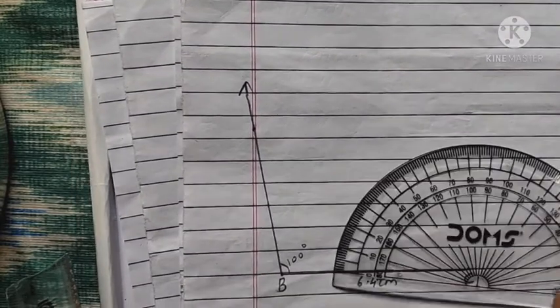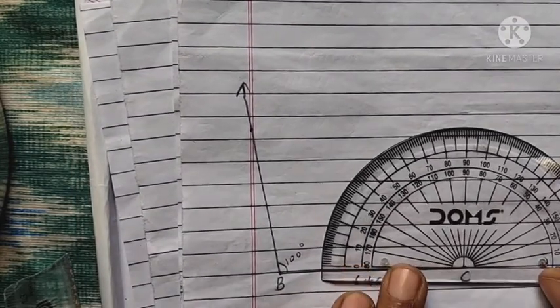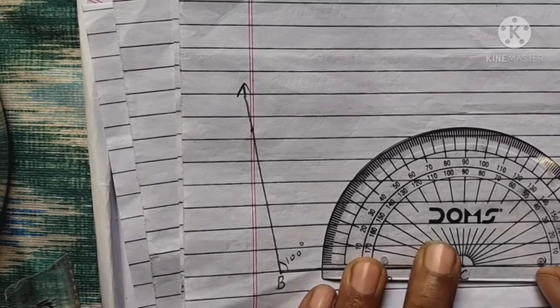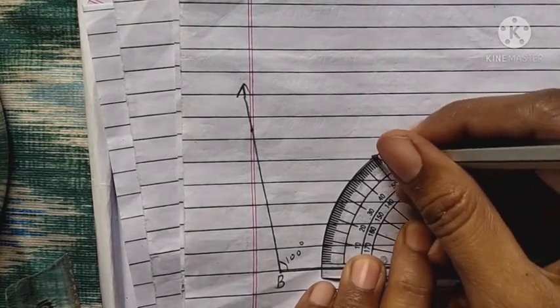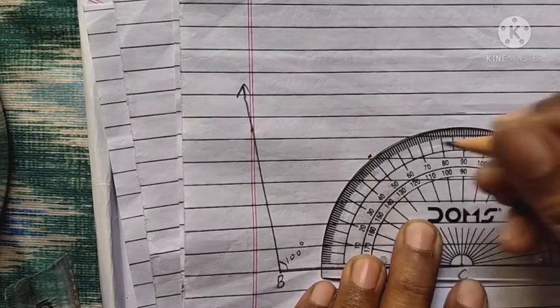Now angle C is 50 degrees. Keep the protractor on point C and mark 50 degrees. So this is 50 degrees.